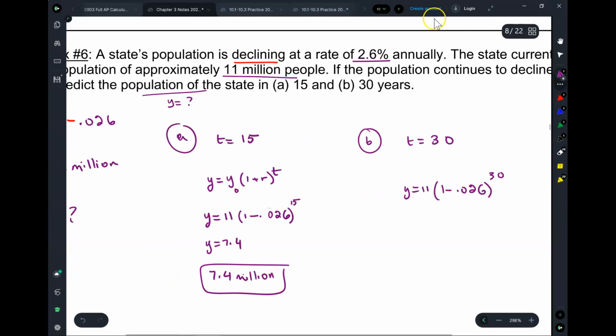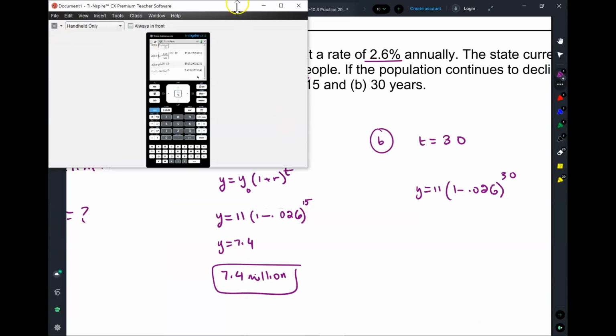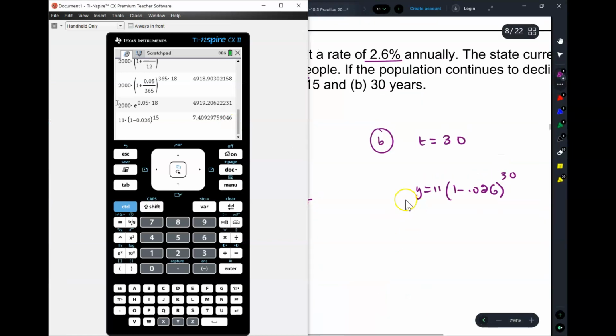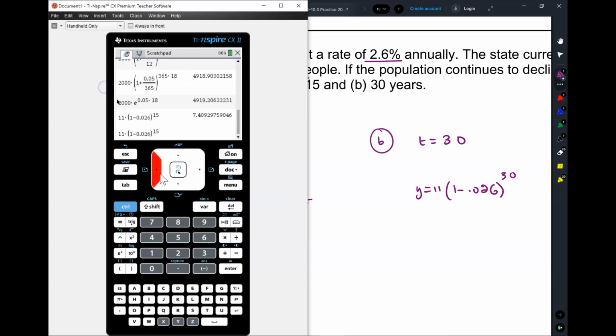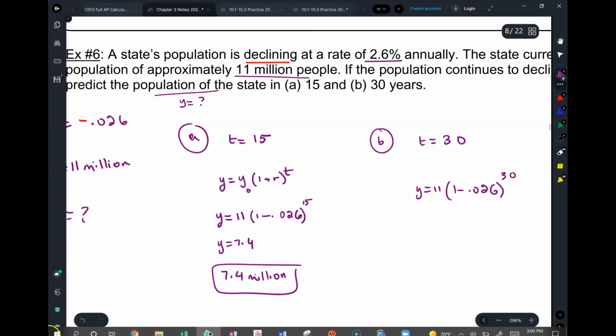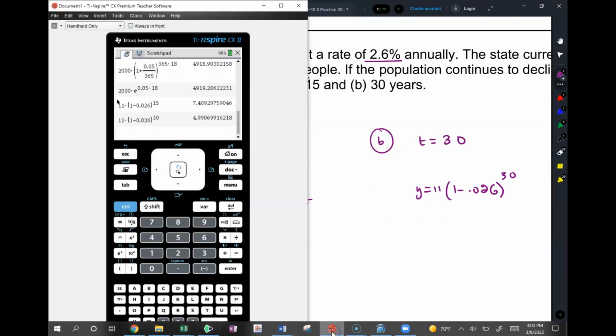All we're going to do is modify the 15 to 30. So y is 4.99? Yeah, 4.99.